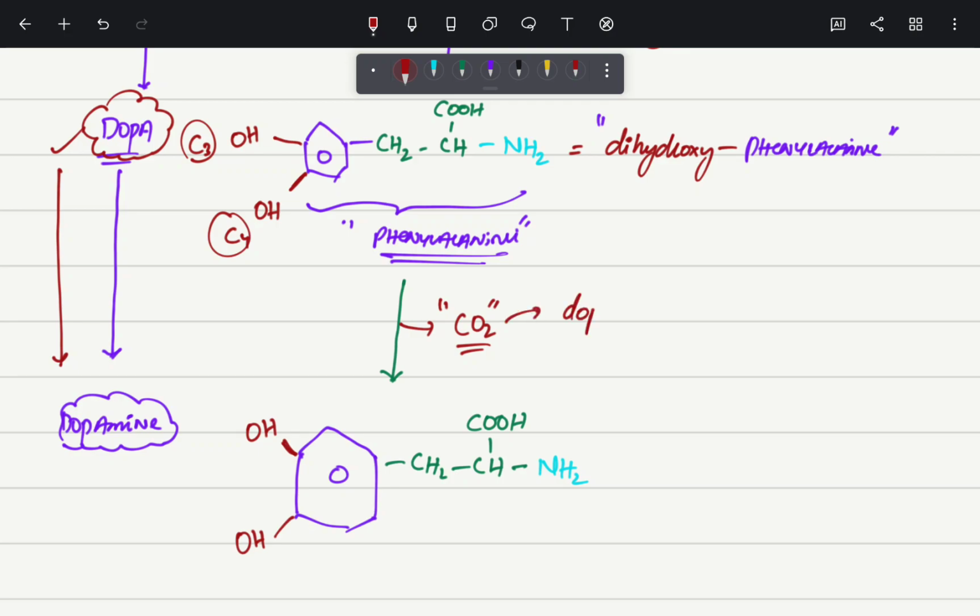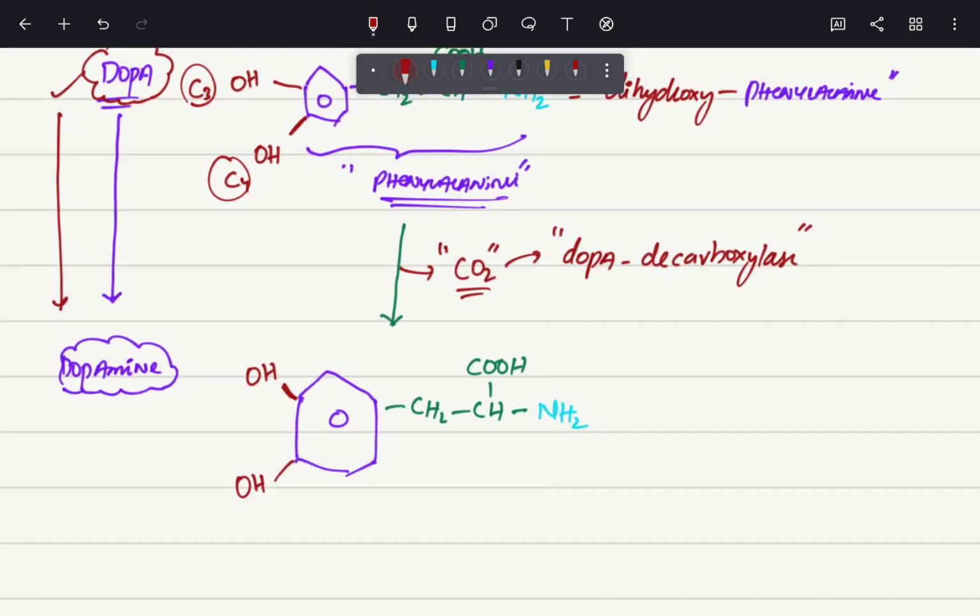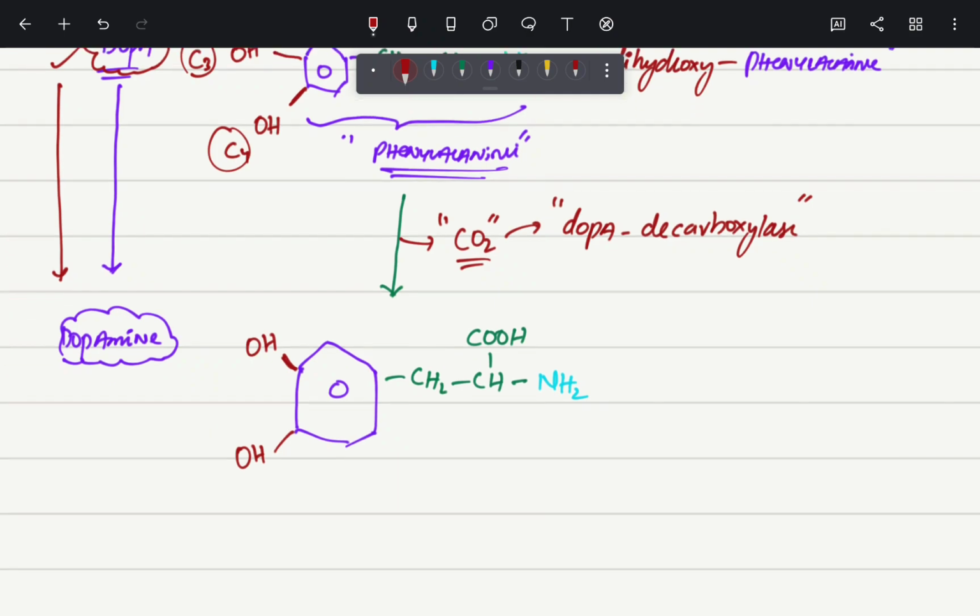Hence, the enzyme here is called dopa decarboxylase. The enzyme responsible for converting dopa into dopamine is dopa decarboxylase, because at this step the carbon dioxide is getting kicked out of the synthesis.